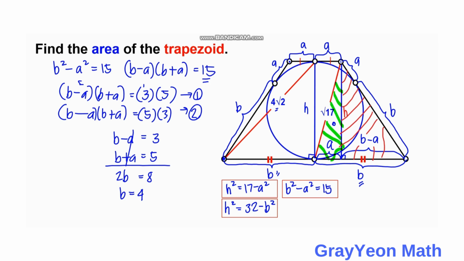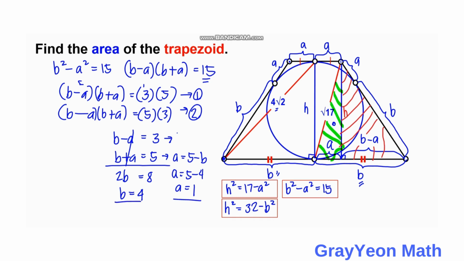And if b is equal to 4, since b plus a is equal to 5, we can make a equal to 5 minus b. So a is equal to 5 minus 4. So a will be equal to 1.